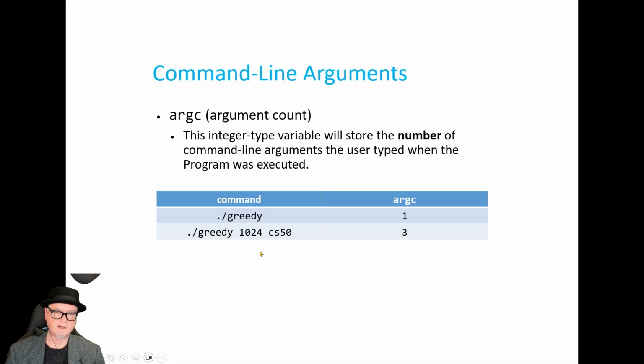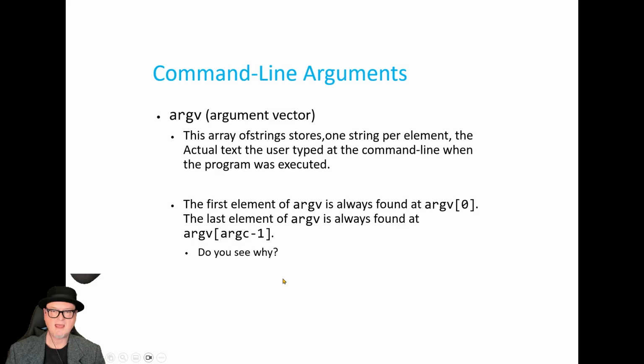We're ignoring the spaces here. And by the way, these will be treated, as you'll see, as strings themselves, even the numbers. Now, argv, the argument vector, is an array that stores the actual commands as strings at the command line.